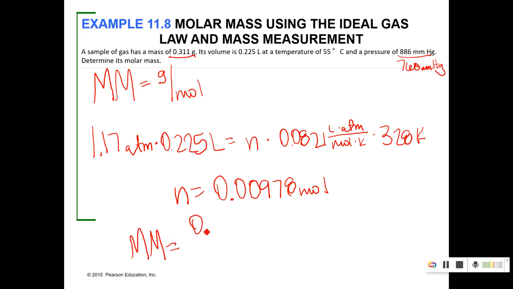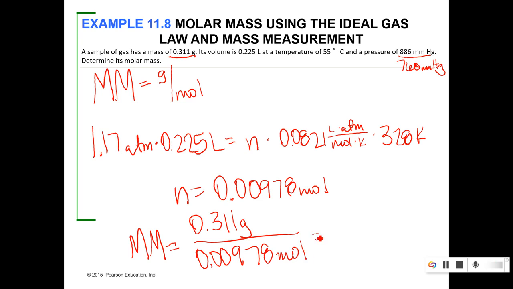Okay, remember, molar mass is grams per mole. We do molar mass equals 0.311 divided by 0.00978 moles equals, I get 31.8 grams per mole.